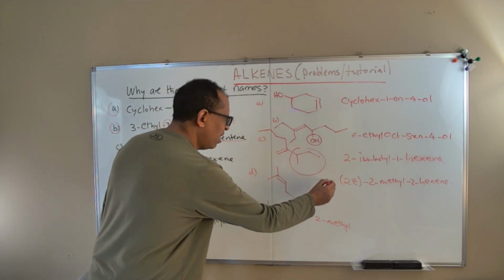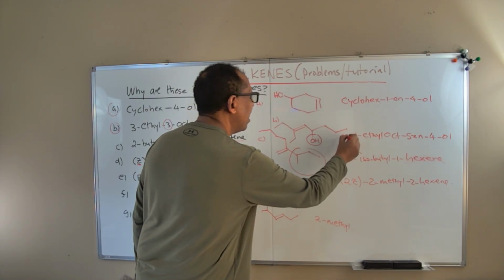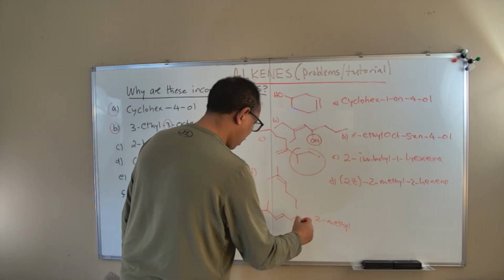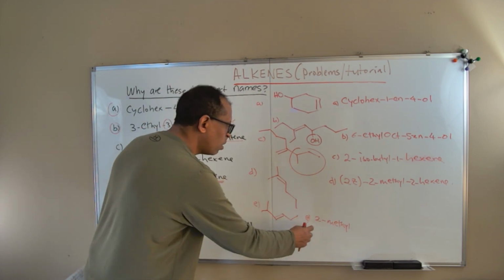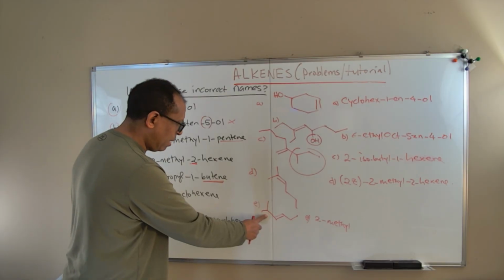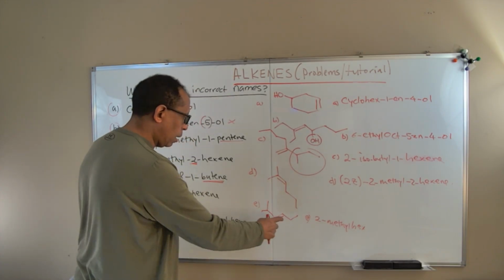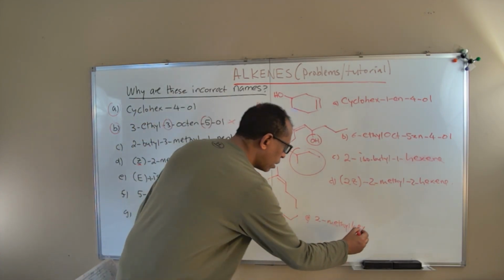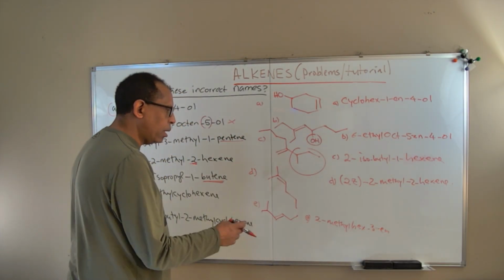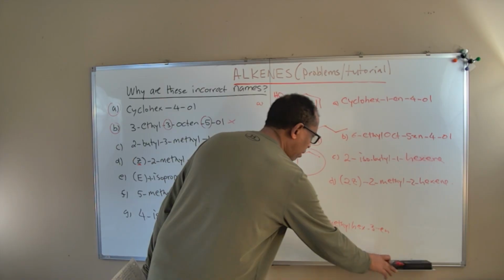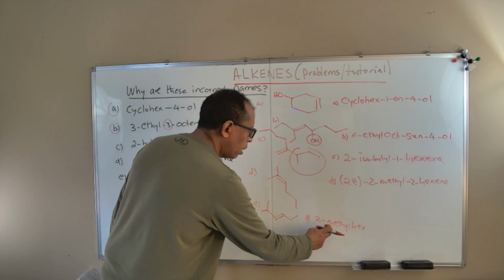This is for D, this is for C, this is for B, this is for A. Okay, this is for E. So it is 2 methyl, and it is a hex, 3 hexene. Since it doesn't have alcohol or anything, we can just say 2 methyl, 3 hexene.